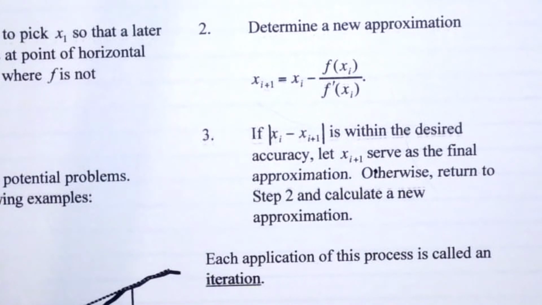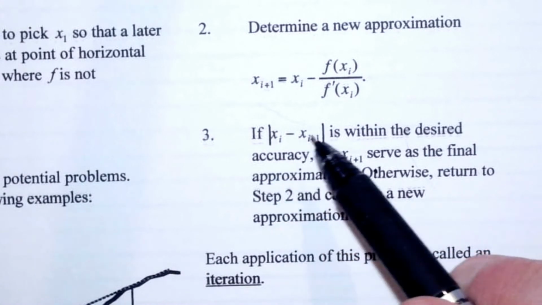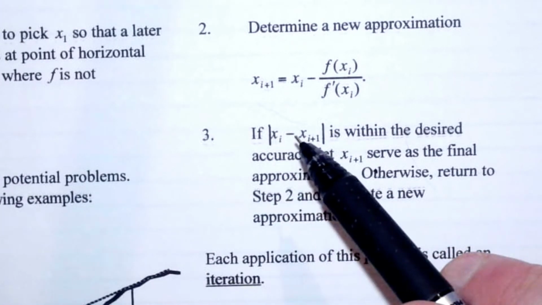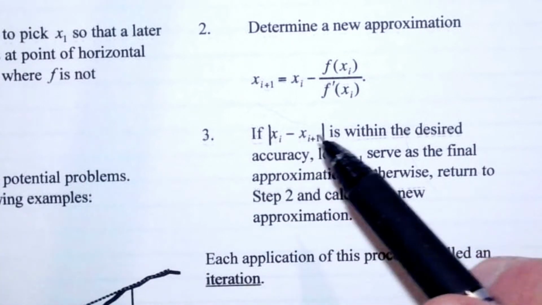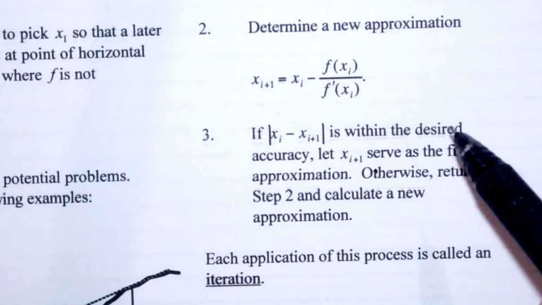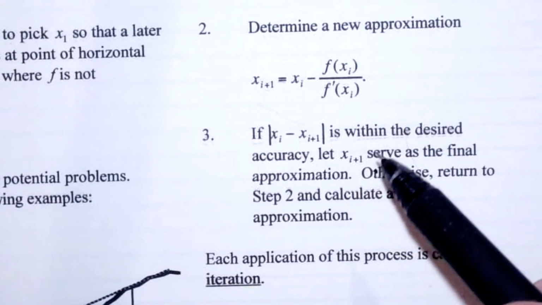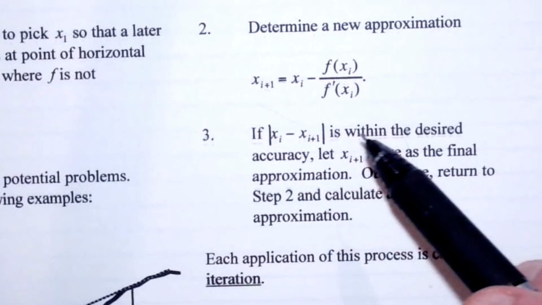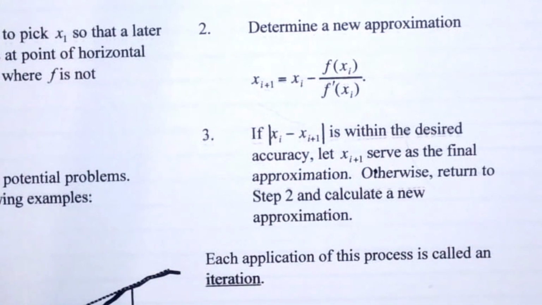And then when you reach the point that the difference between two consecutive approximations is within the desired accuracy level, you stop, and the last approximation you find serves as the final approximation. And a bit of terminology, each application of this process is called an iteration.